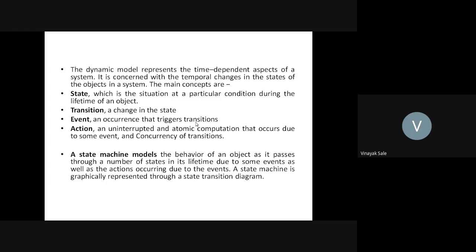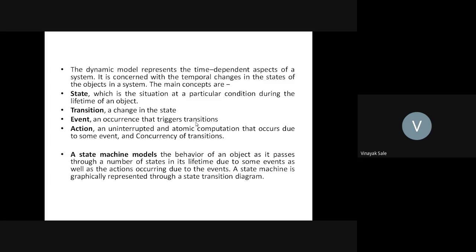And concurrency of transitions. Suppose you want to set an alarm at 5 o'clock. Then what will be the state, what will be the transition, what will be the event, and what is the action? The state will show whether the alarm time is equal to the current time.